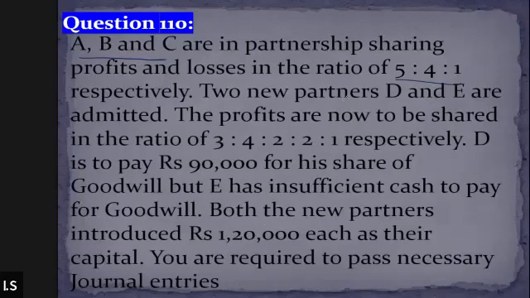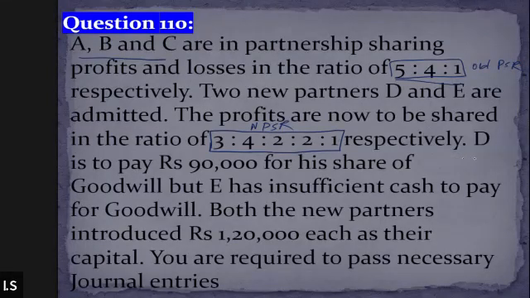Okay, so the new profit sharing ratio is given in the question. The profit is now to be shared in the ratio of 3:4:2:1. This is the new profit sharing ratio of the partners, NPSR, and this is the old profit sharing ratio among the partners, old PSR.